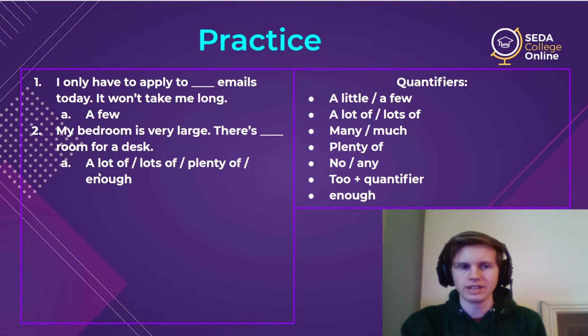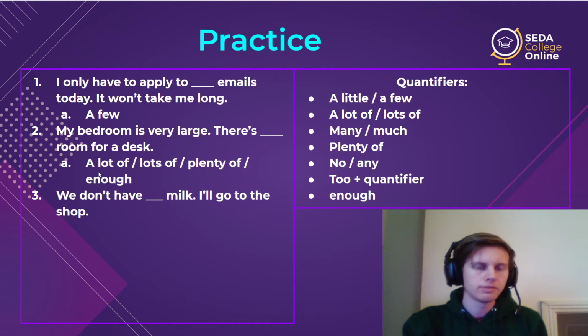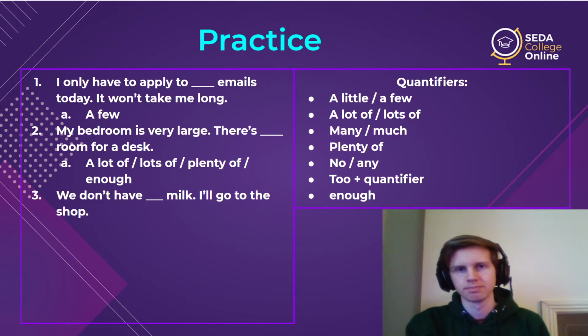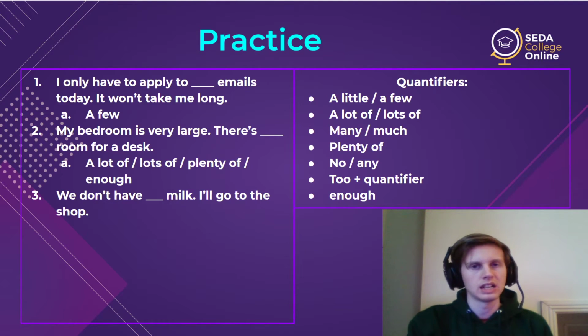Okay, so the next one. We don't have milk. I'll go to the shop. So what do we do here? Is it a lot, a little, none, just the right amount? What do you think? All right, let's check.